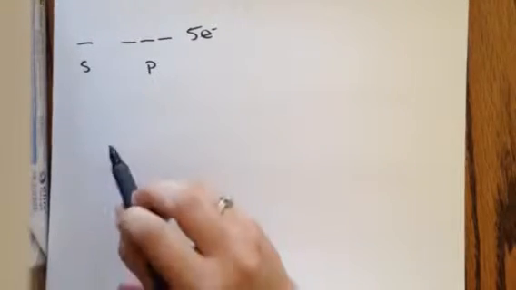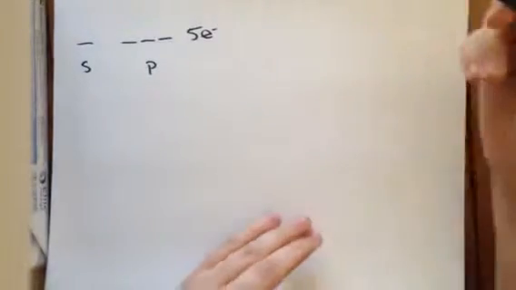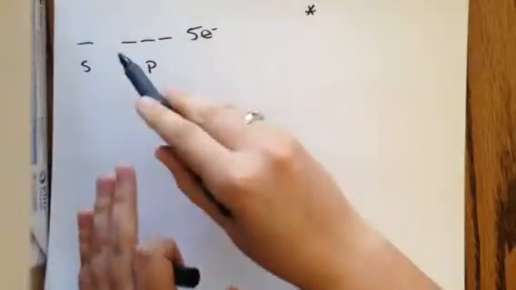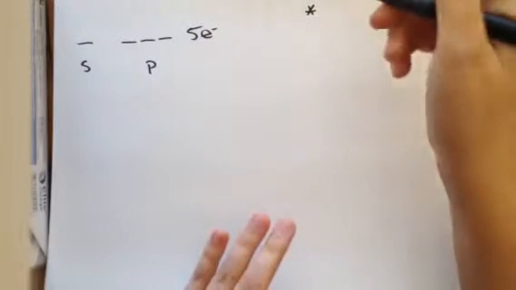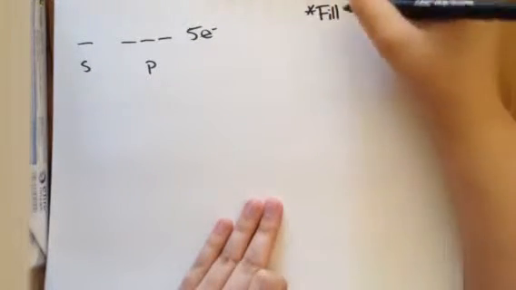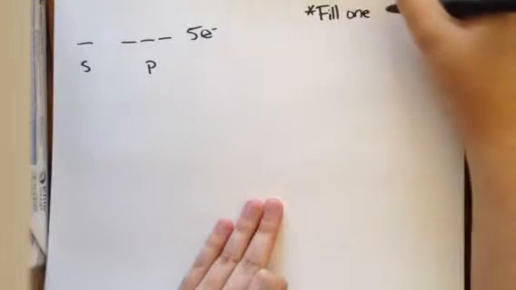Before I can do anything, I have another rule that you need to know about. In order to fill up multiple orbitals, you always fill one orbital completely before you move on to the next orbital.